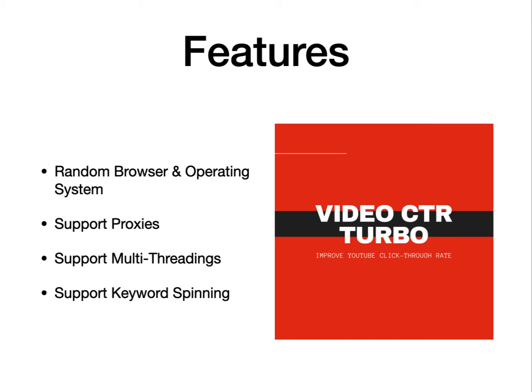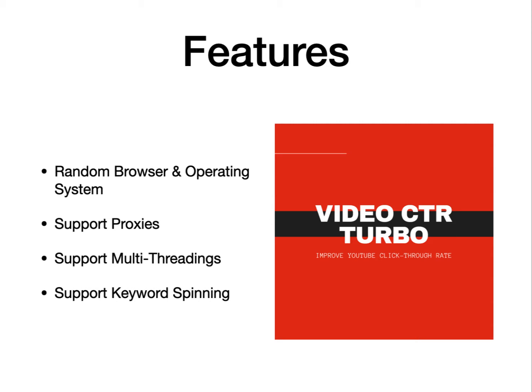If you have a lot of videos where you want to improve the CTR and views, this bot also supports multi-threading. But again, this all depends on how powerful your computer is.